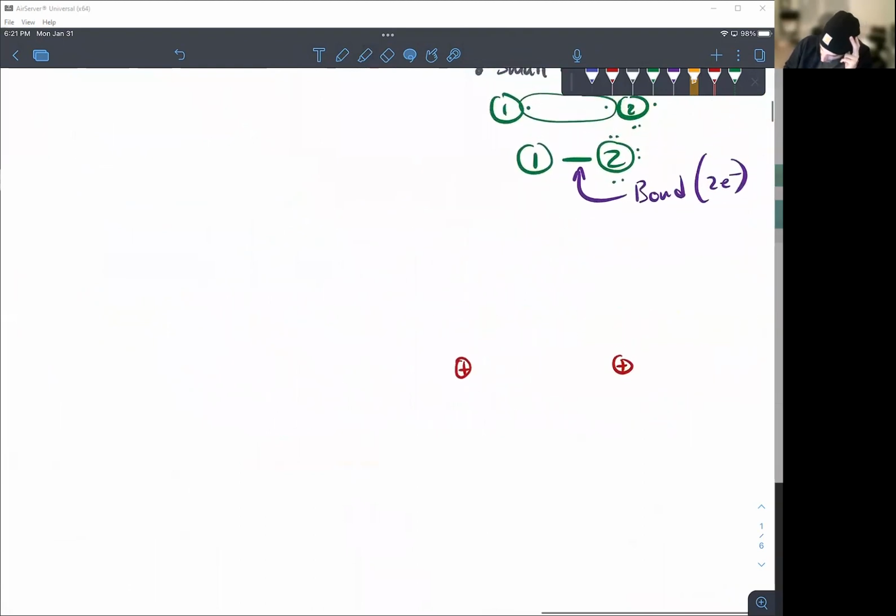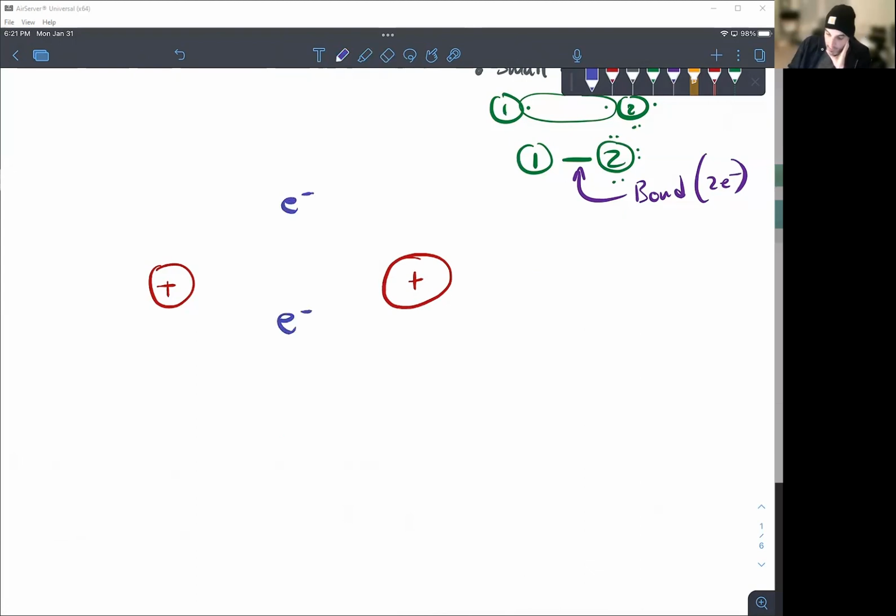I guess I can't zoom in anymore. So here we go. Make it a little larger, I think. So here's my 2 nuclei. Well, if I have an electron in between the 2 of them, or if I have 2 electrons in between the 2 of them, and they're evenly shared, well, we have a couple of things going on.